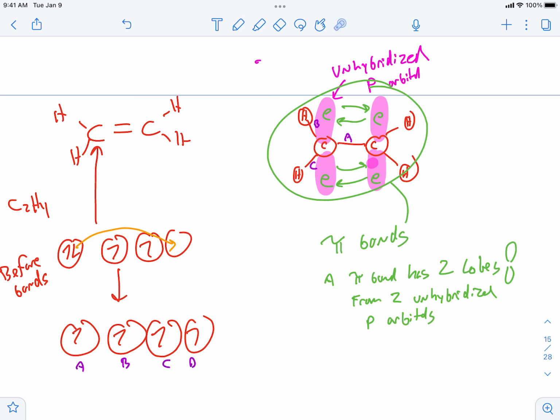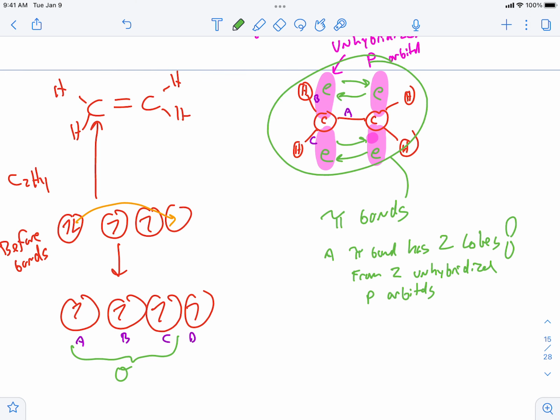So these green arrows here circulating above and below, this area here and here, is the second bond. It's the double bond. The first bond, A, B, and C, are sigma bonds because sigma bonds are direct overlap. This bond here is the pi bond.